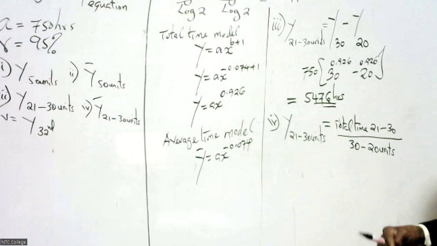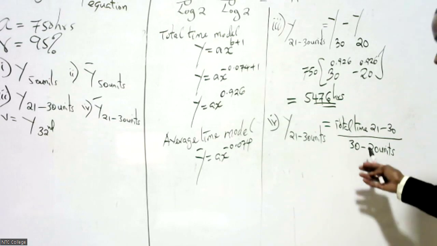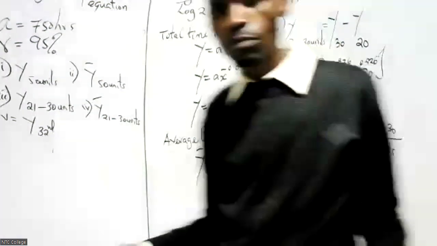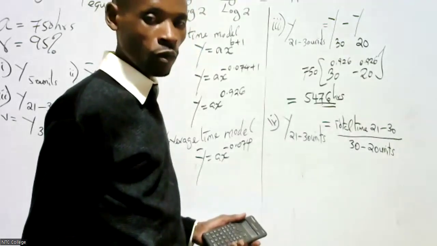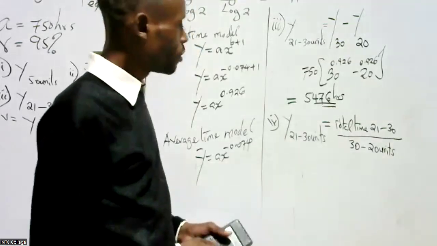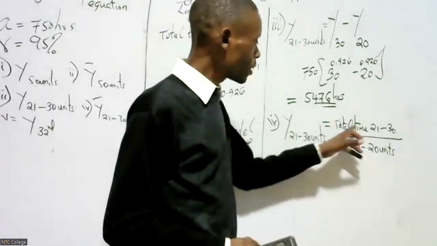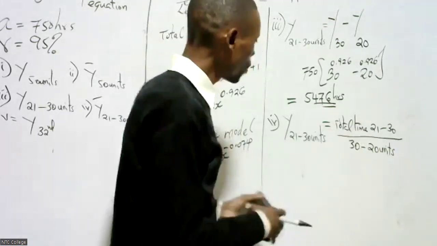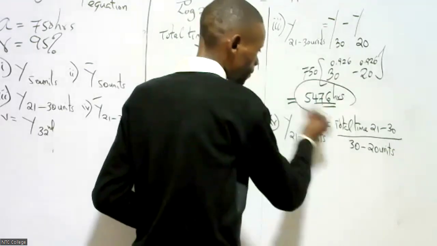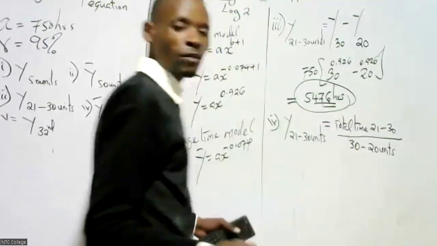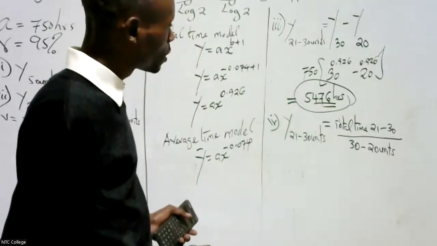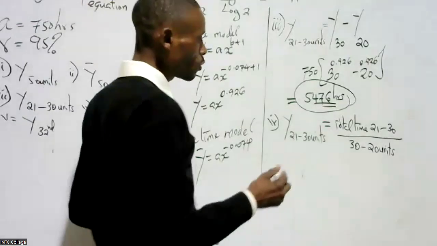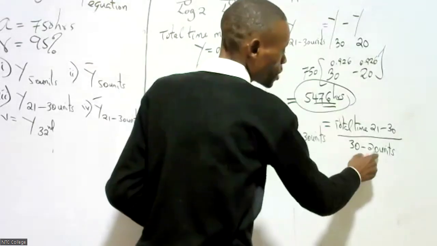So therefore, you just use the normal thinking or the literal way, meaning you take that time to produce 21 to 30, which is what we have here. Then I divide by the number of units between 21 to 30. And here that is 30 minus 20.